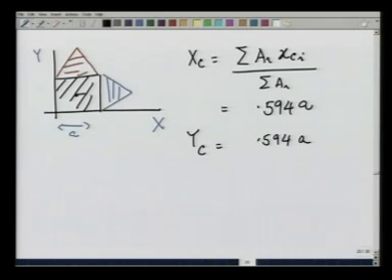So, this is how you use this observation, that if I want to calculate the centroid for an assembly of plane areas for which I know individually where the centroid is going to be, I can calculate the centroid for the total assembly.